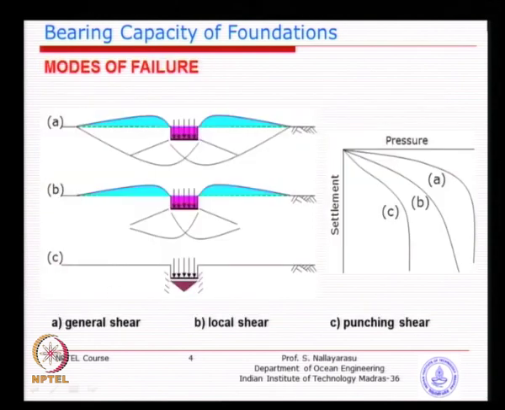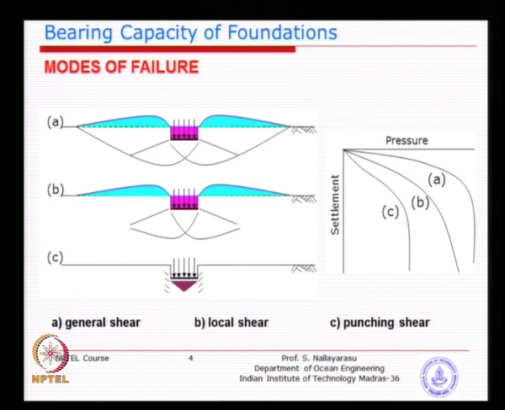So, if you look at these pictures, the first, the second and the third, I think we can spend some time on this. If you apply a bearing pressure from the superstructure and foundation, the soil beneath is getting stressed in a similar way to what we were deriving just now, basically the active pressure case.